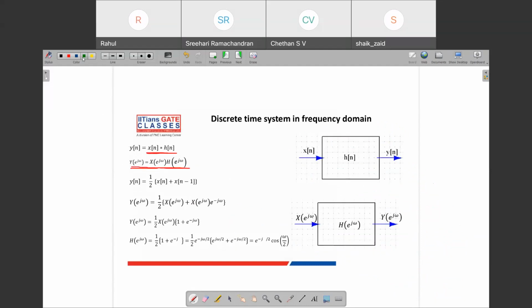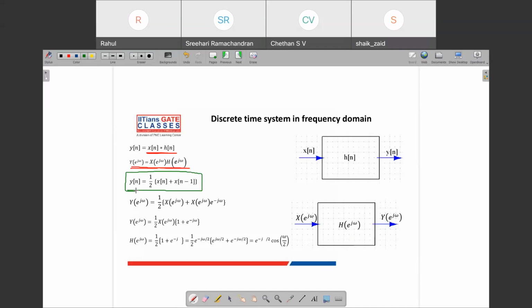Sometimes a question can be given, like some impulse response or input output relationship will be given, and you will be asked to find out what kind of system it is, whether it's a low pass, high pass, band pass kind of system. So let us take an example where we have been given a system with this kind of input output relationship, and we need to find out what kind of filter it is.